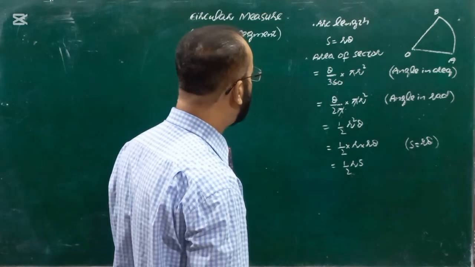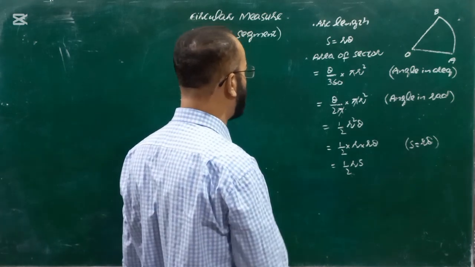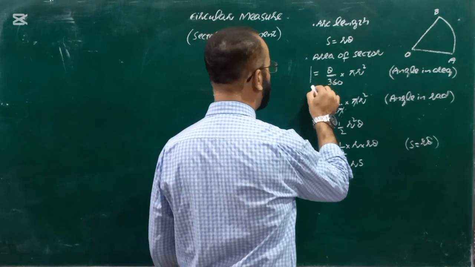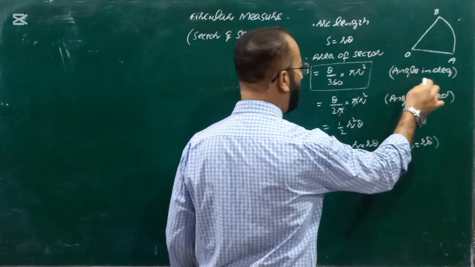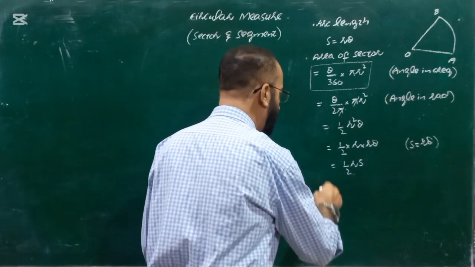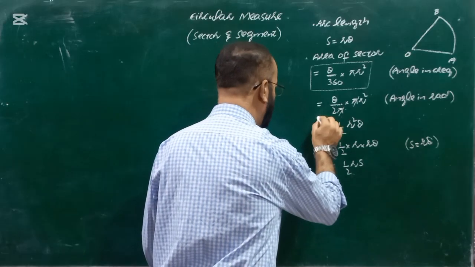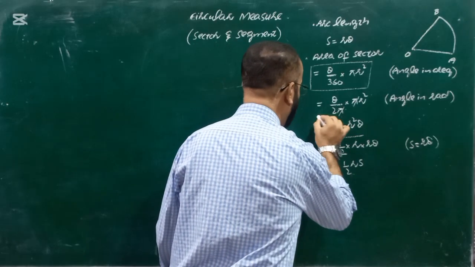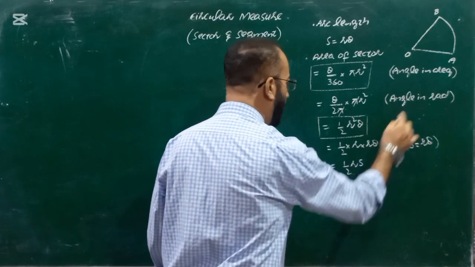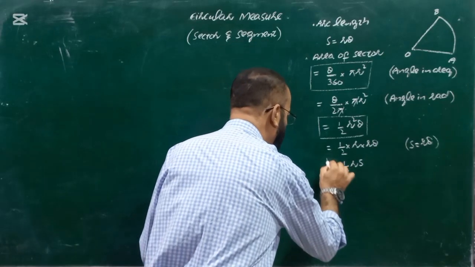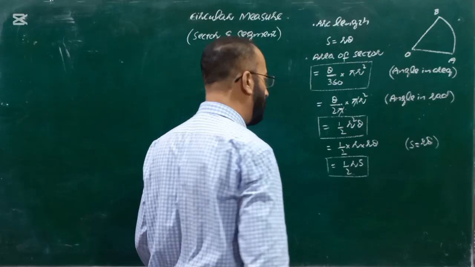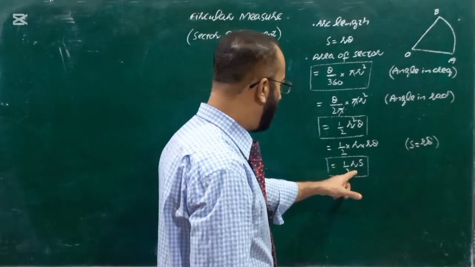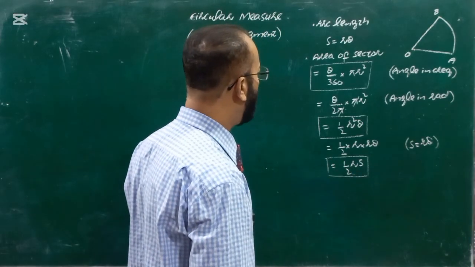So actually here are three formulas of the area of sector. One is this one, when the angle will be in degree mode. The second formula is this one, when the angle will be in radian mode. And here is another formula of the area of the sector, when arc length and radius will be given.